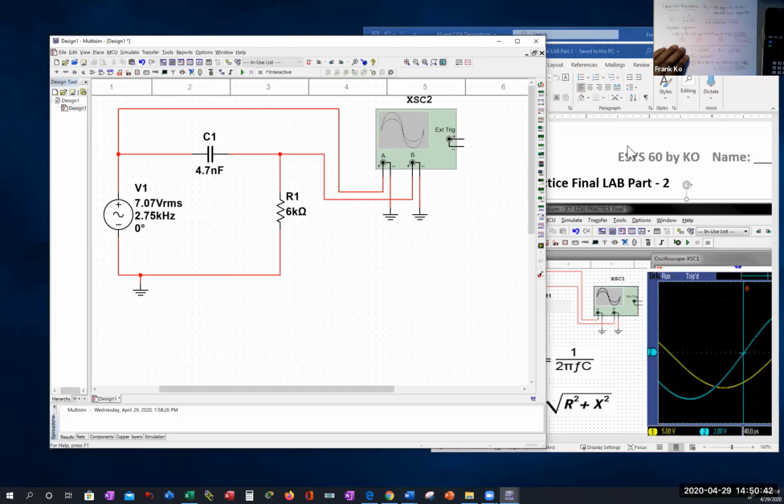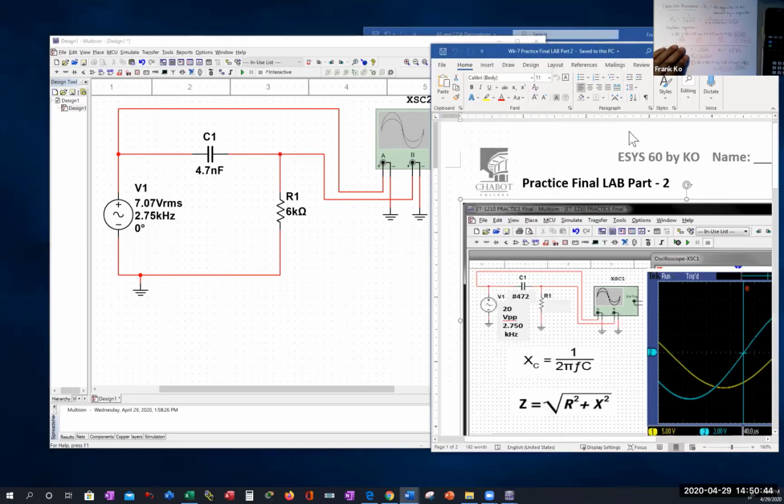Now do I have connections that mimic what is shown here? Channel A positive goes to the top of my source. Channel B positive comes over here, goes to the top of my resistor. Both grounds, the negative side of channel A and the negative side of channel B, are connected to ground.